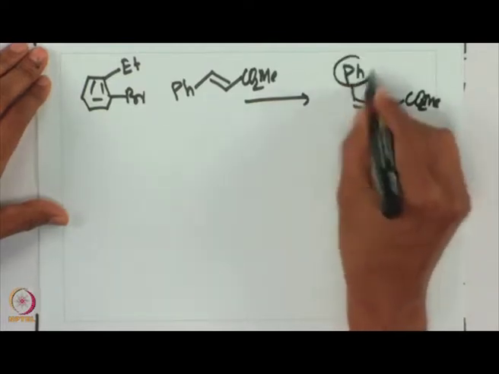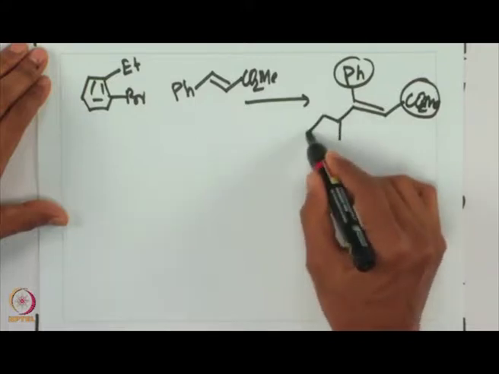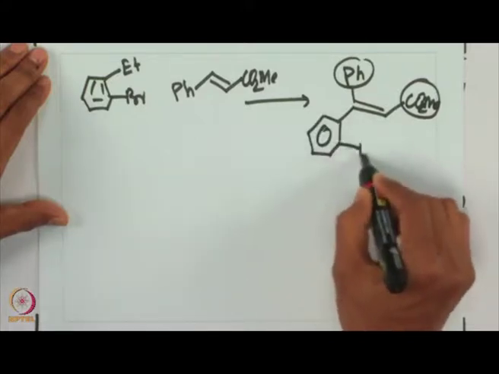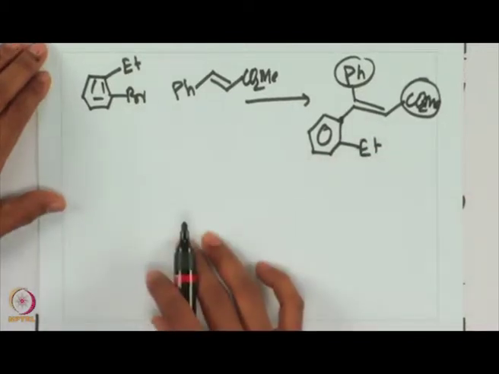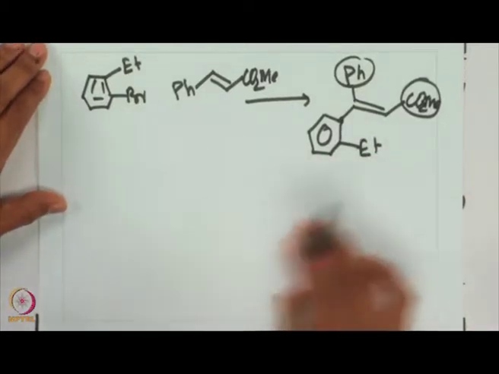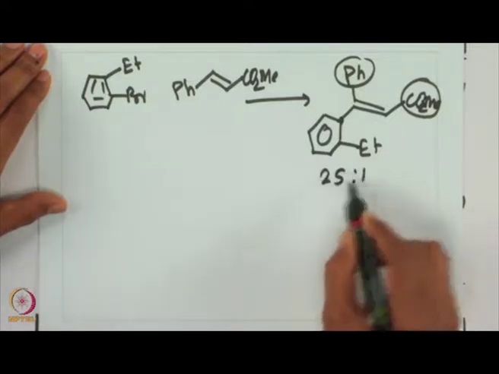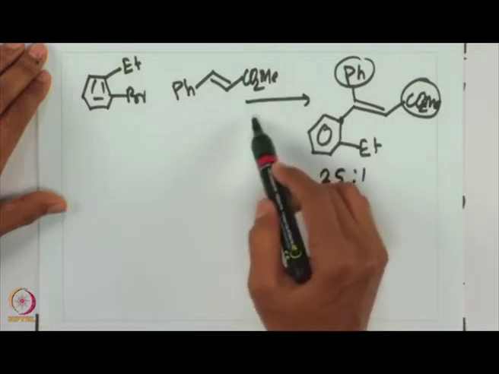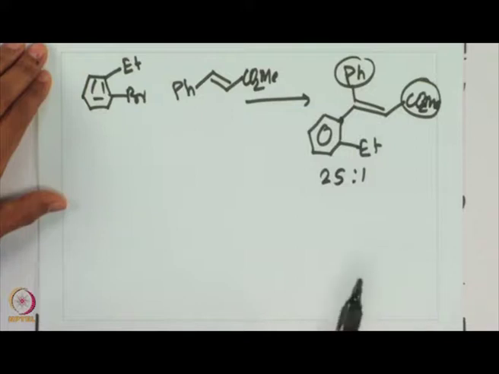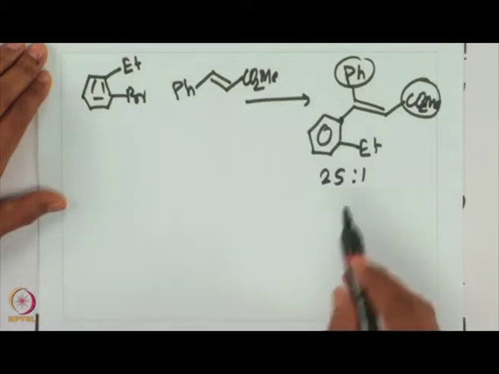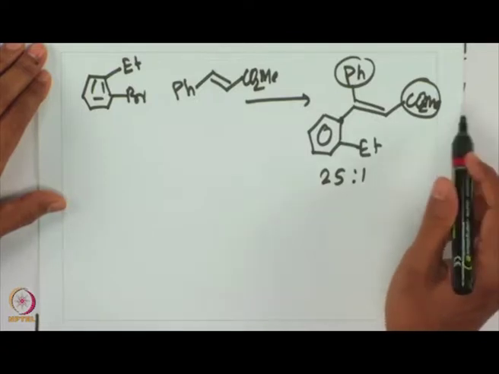The phenyl and CO2Me should be on the same side, and the incoming aryl group can be on the other side. The substituent at this ortho position is not hampering the selectivity too much. This is giving a selectivity of 25:1 if we use palladium acetate, tetrabutylammonium chloride and dicyclohexylmethylamine as a base. Now, this was of course reported by Buchwald in 1999.